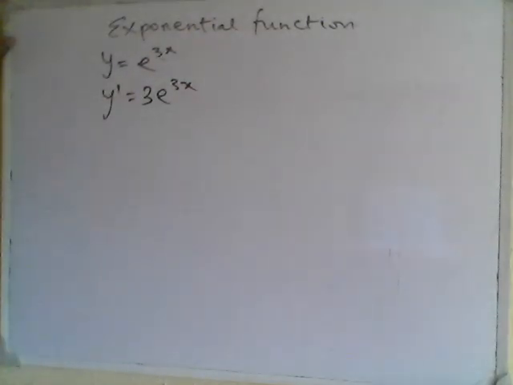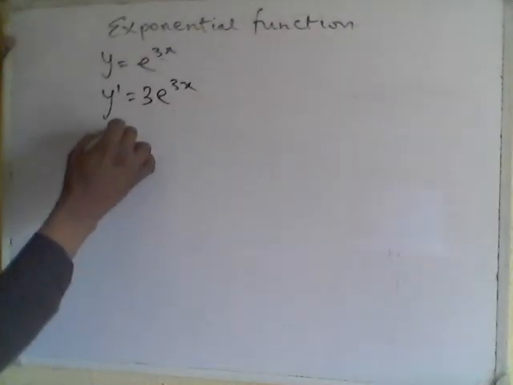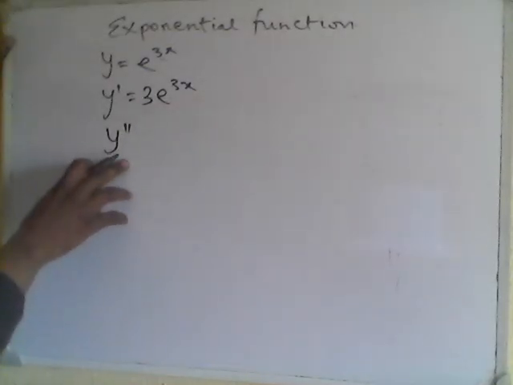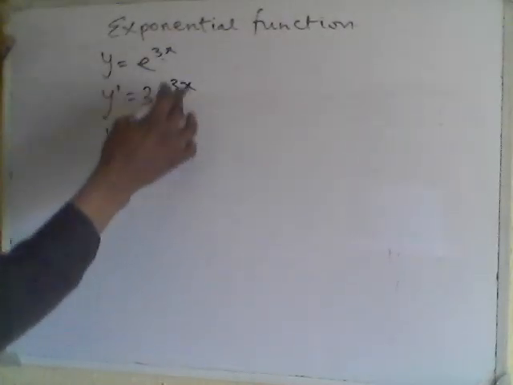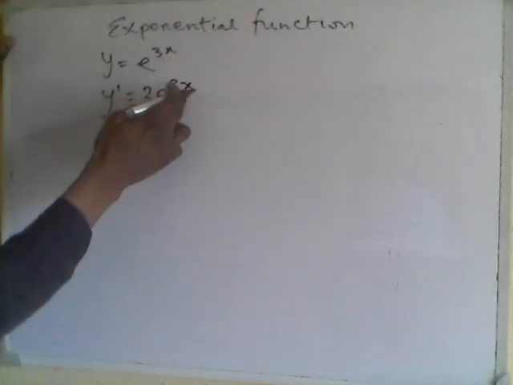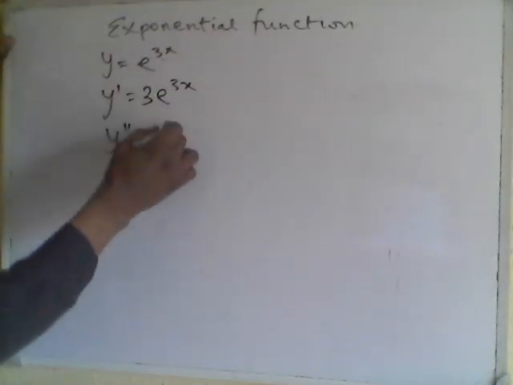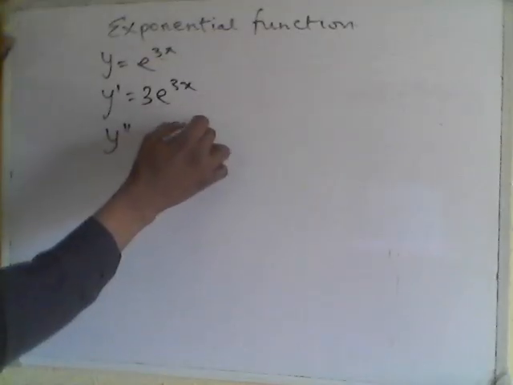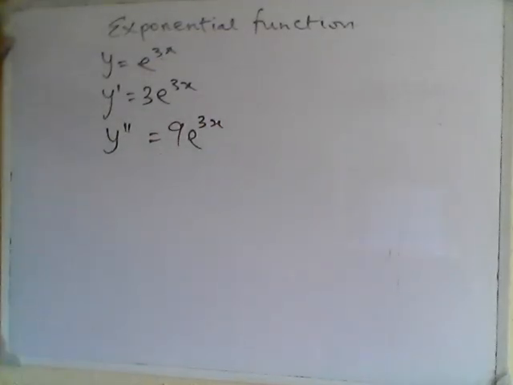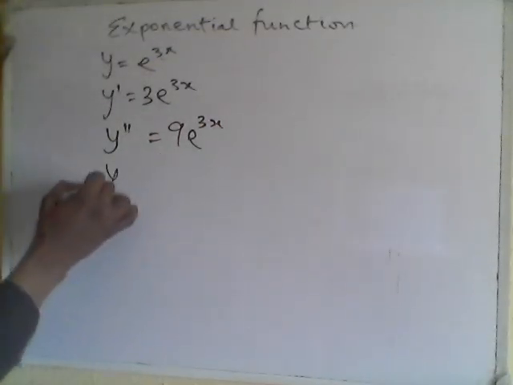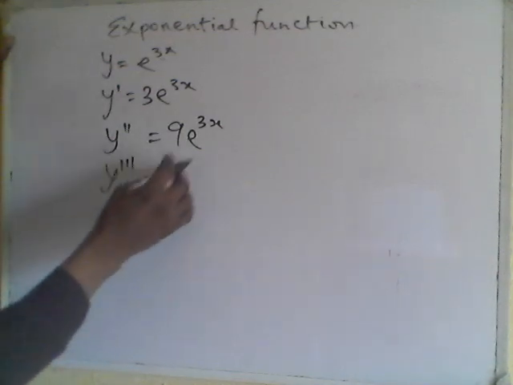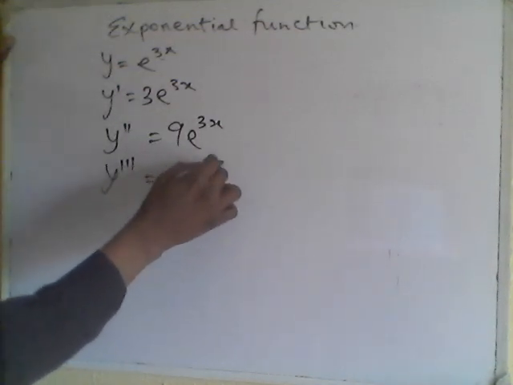Again, y double prime, that's second order derivative, equals 3, the coefficient of x, times the coefficient again, 3. 3 times 3 is 9e to the 3x. Now the third order, 3 times 9 is 27e to the 3x, and so on.